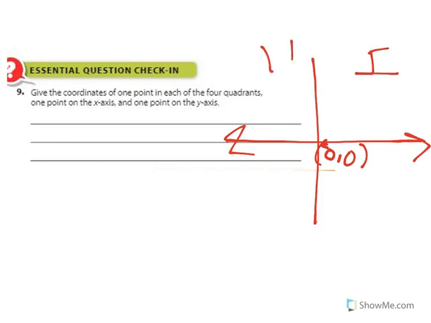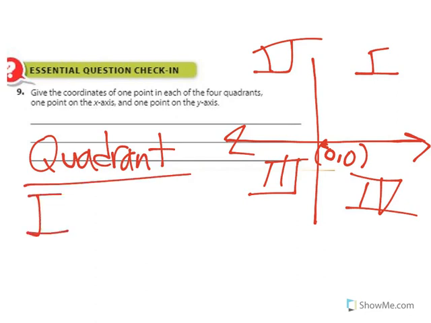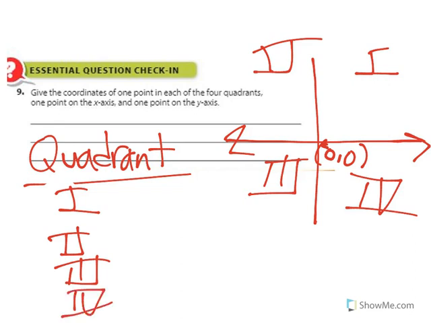My coordinates. And now this can be anything you want. Quadrant 1: anything for 1, it is going to be positive, positive.